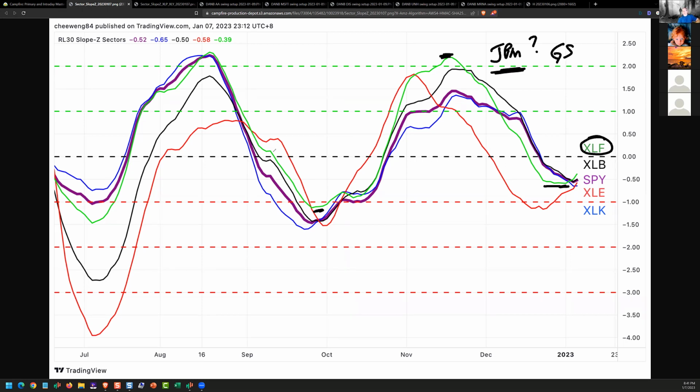So there may be a pair trade or a core and turbo inside that, where you simply are looking at like XLF and then deciding which way you want to go, JP Morgan or Goldman Sachs, for the big banks.